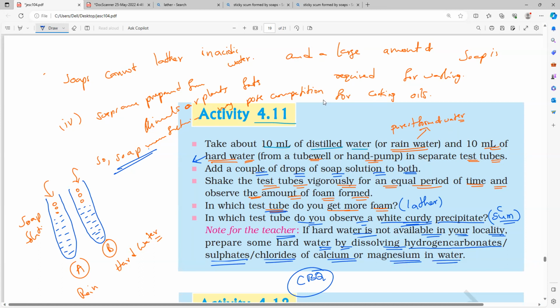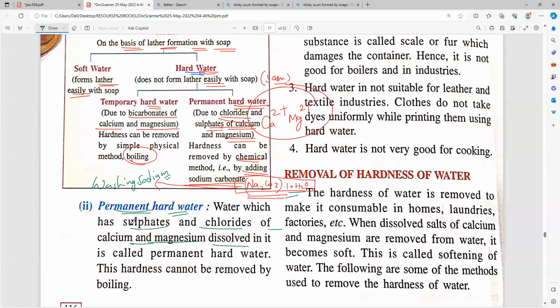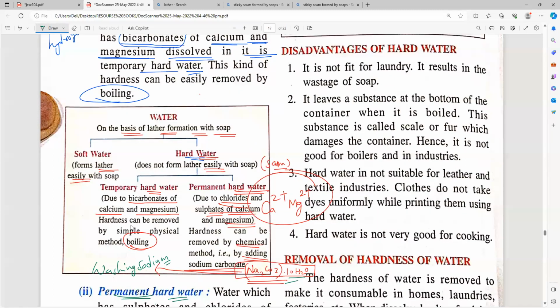If I mix these in water, it turns into hard water. But hydrogen carbonate, that is bicarbonates, is it permanent hardness or temporary hardness?